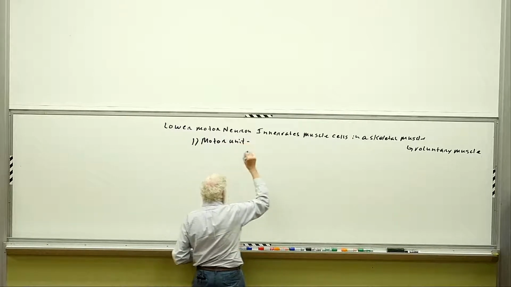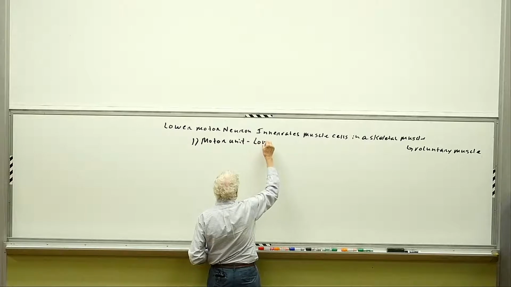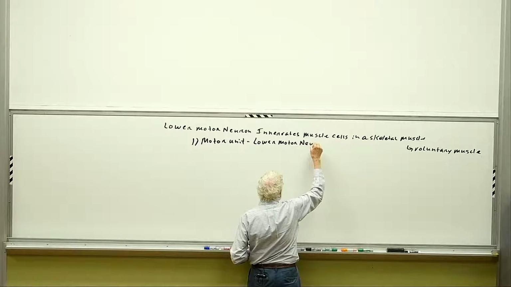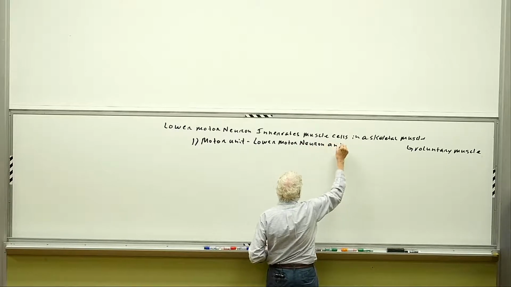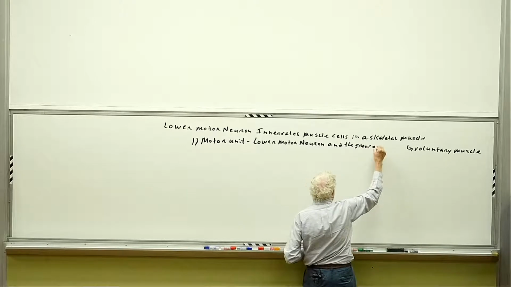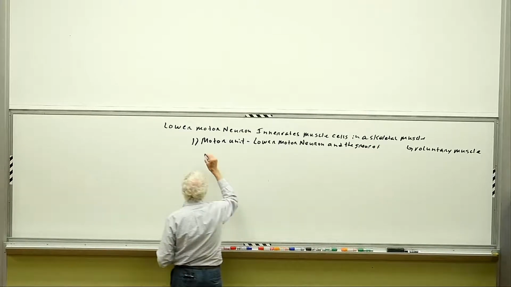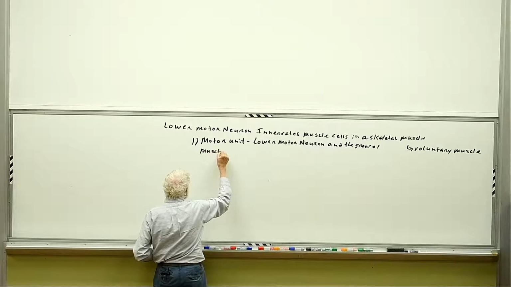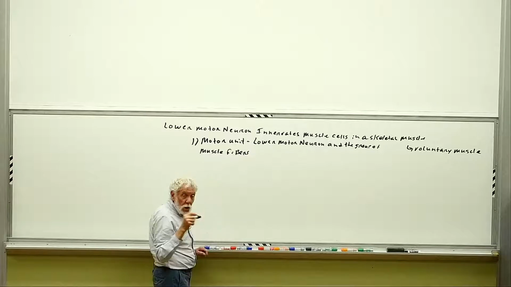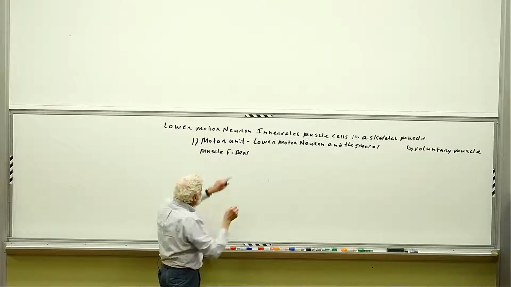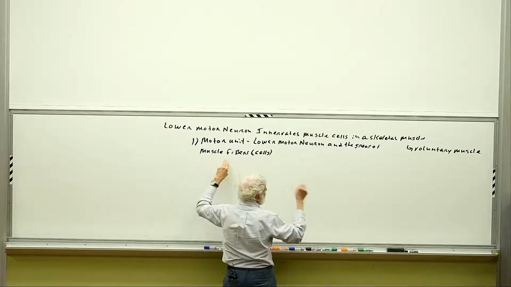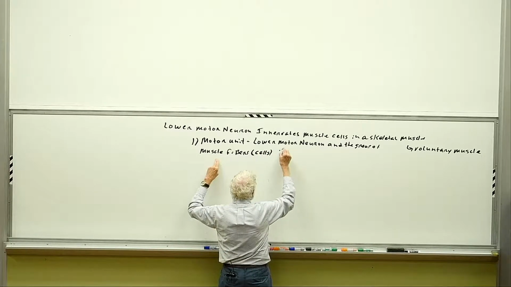And the motor unit has a definition. It's called the lower motor neuron and the group of muscle fibers. When you see this term fibers, when we're talking about skeletal muscle, you can read muscle cells. And the group of muscle fibers it innervates.